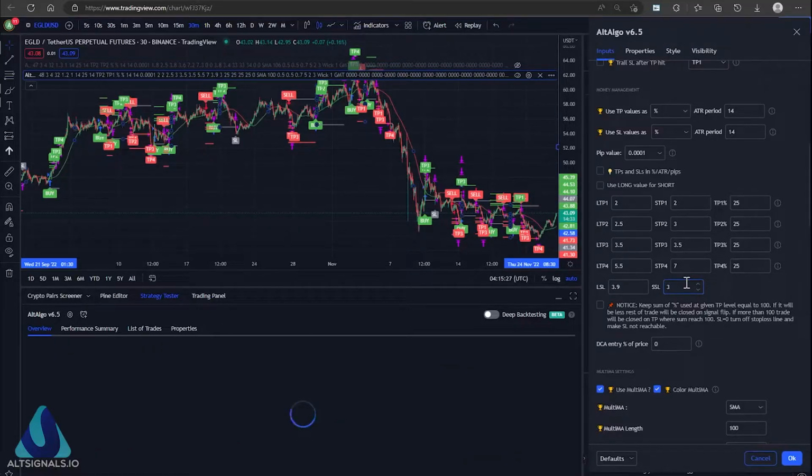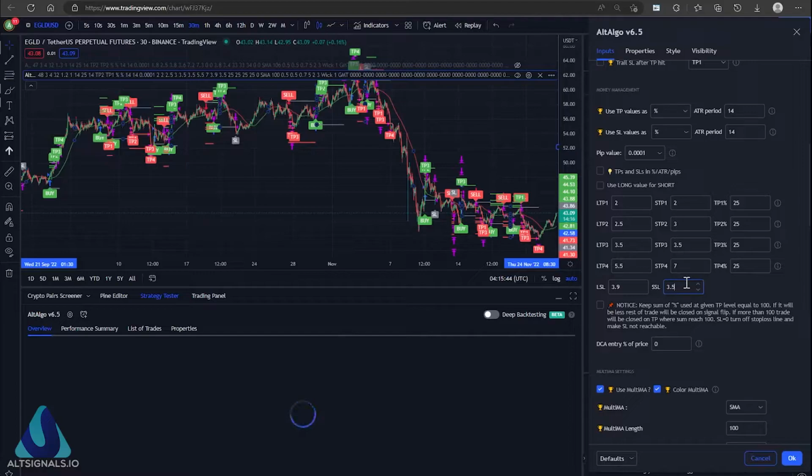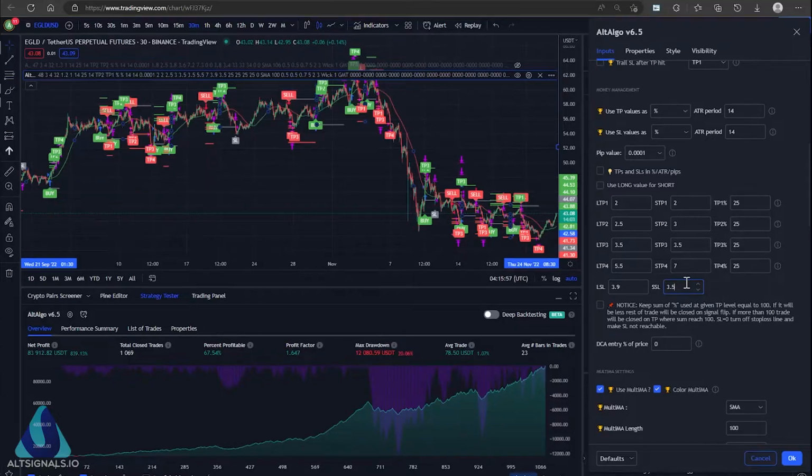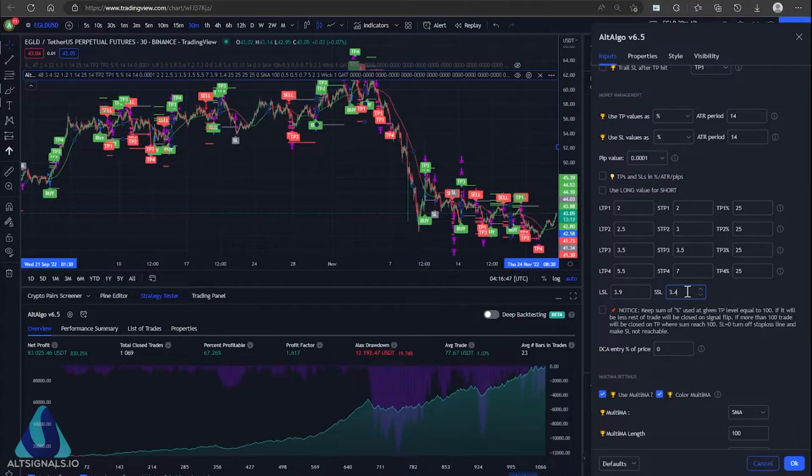So let's try 3, and it's down again. So the sweet spot seems to be 3.5, but we're gonna try to reduce it again in steps of 0.1. So from 3.5 we're going to 3.4. Let's load 3.5 first. Okay, so this is 840%. So 3.4 gives us, okay, 3.4 is not much difference. Let's try 3.3.